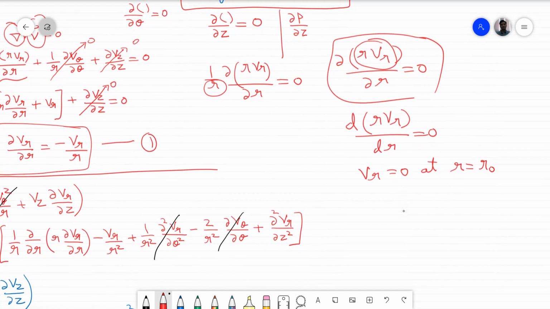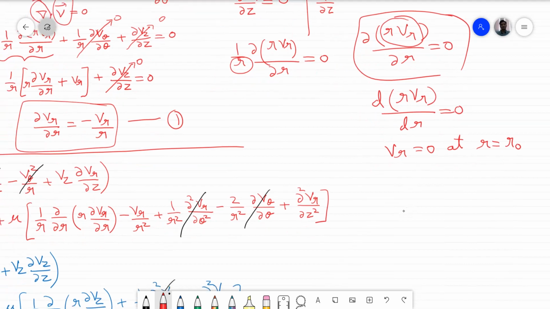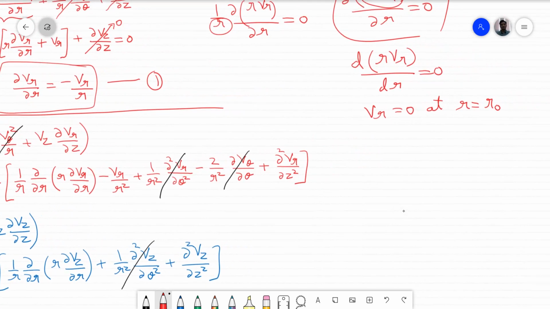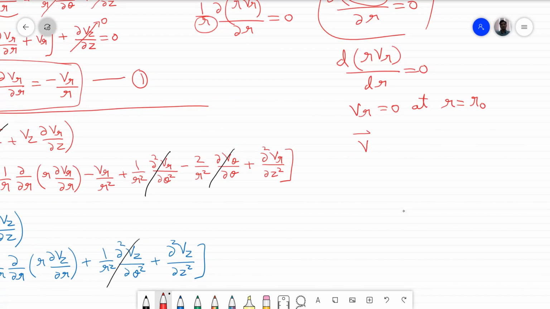Therefore Vr is equal to 0 at all the other points as well. So we know that the velocity field has only one component Vz, which is not a function of z, not a function of theta, it is only a function of r. So the velocity field has to look like this.